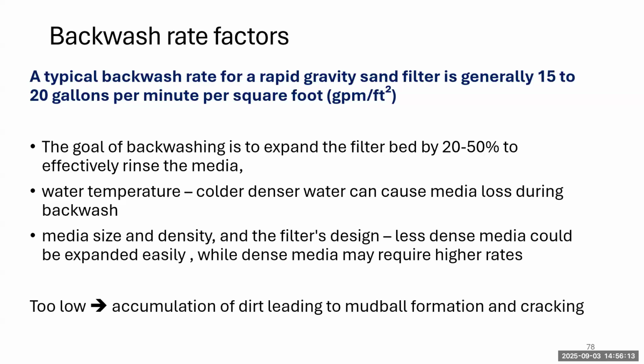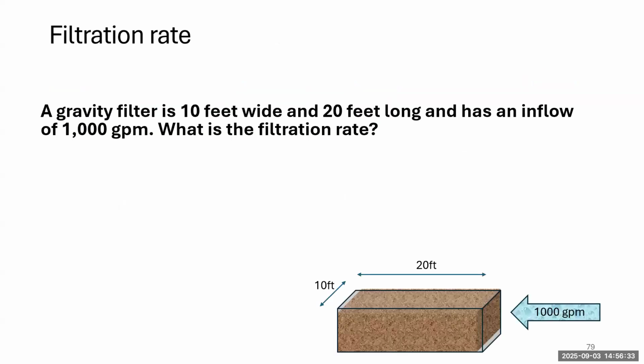And there's two problems with that. A mud ball in a filter takes away some of the filter capacity, but it can also lead to cracking, where there's a crack that occurs in that mud, and untreated water can just pass right through the filter. If the rate is too high, of course, you'll lose media when you're backwashing.